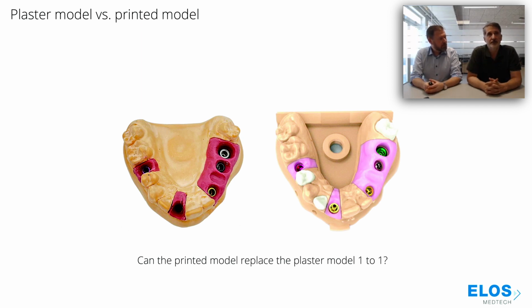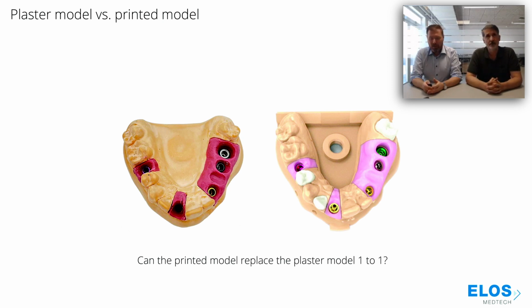No, not really. Not today, maybe. Yeah. So I think it's fast developing when we're looking back 10 years. When we look at 3D printing, it's a fast and very good development. But today, I would always say it doesn't replace the plaster model one-to-one. It's not a digital twin.